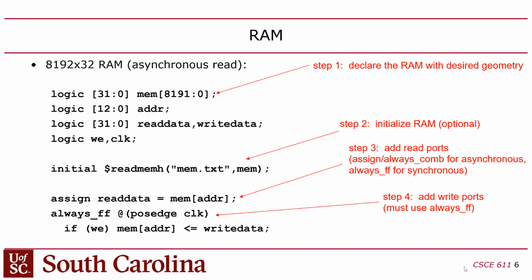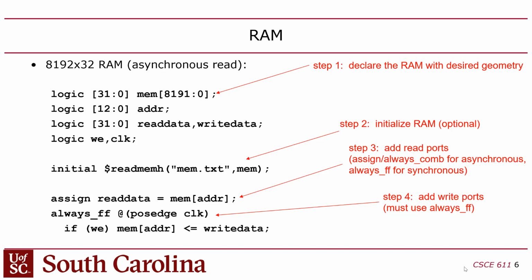So in RARS, when you assemble your program and you dump it to a file as a hex file, it just coincidentally writes a file that's compatible with this function, which means that all you have to do to load your program is to assemble in RARS, and then just say file, export, is it export?